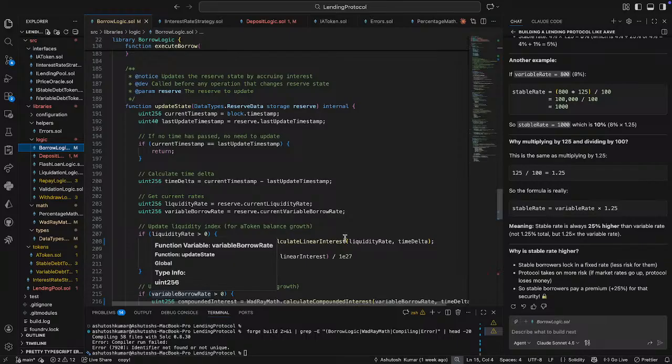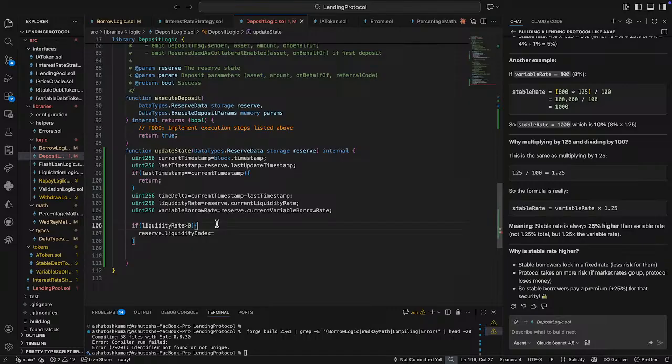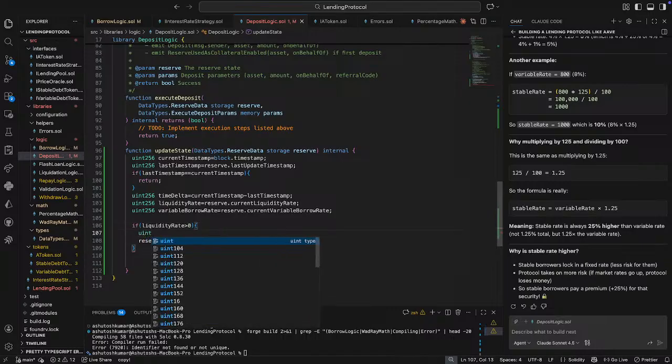Typecasting to uint256, like reserve dot current liquidity, okay, linear interest divided by 1e27. Linear interest will be WadRayMath.